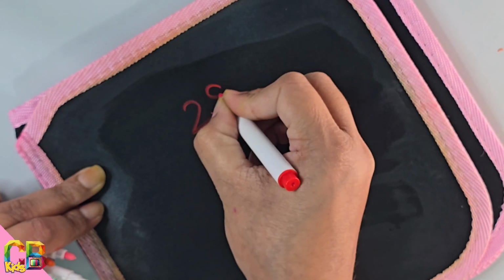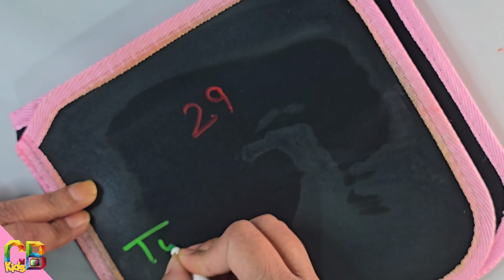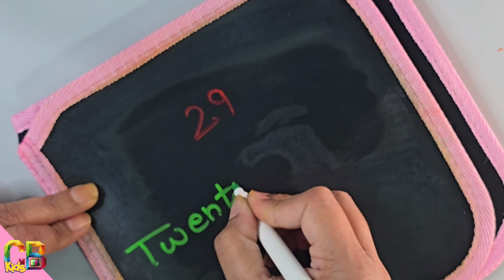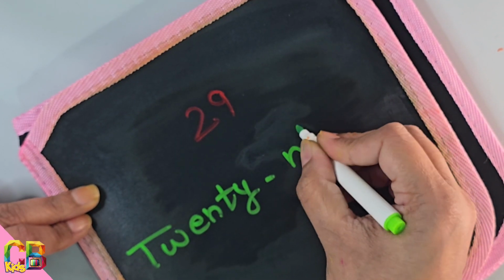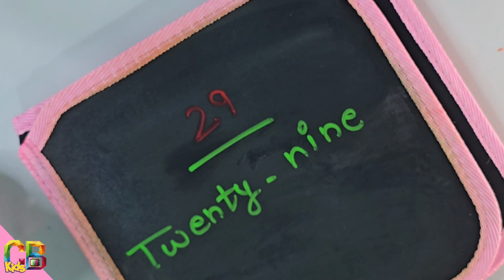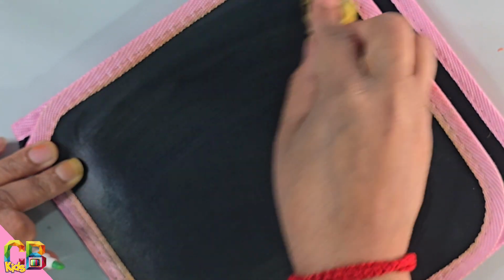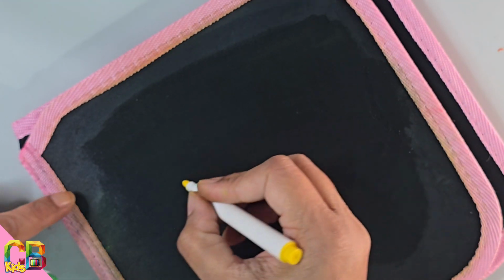Now let's write another number which is going to be 29. TWENTY, 20, NINE, 9, 29.